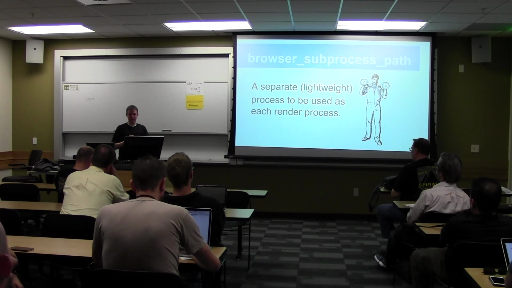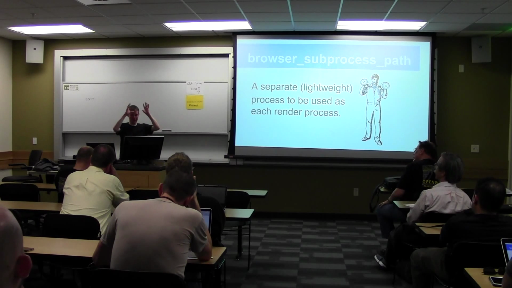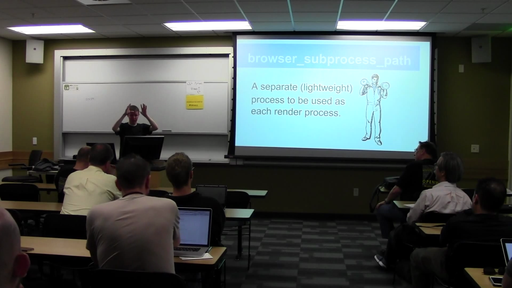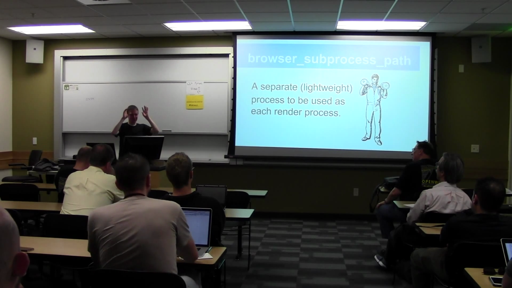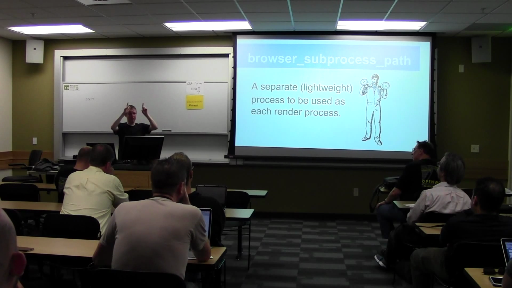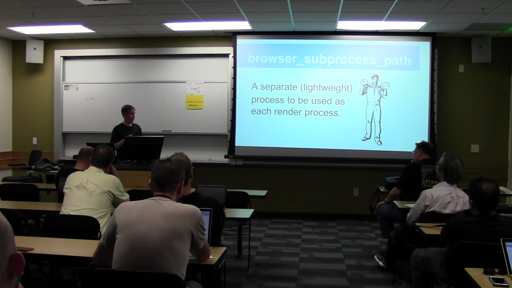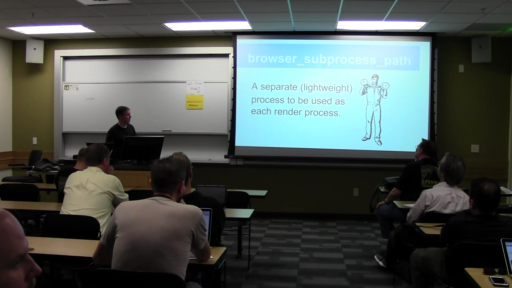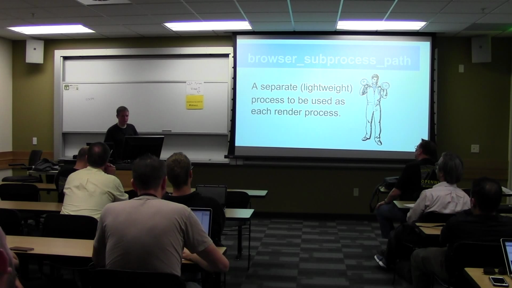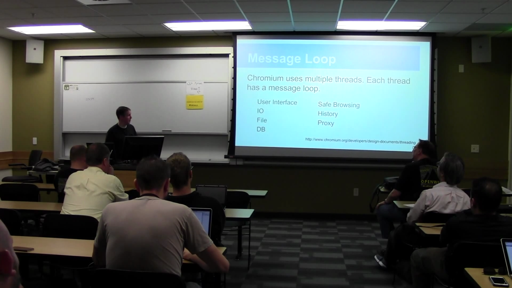And that can be bad, because if you're doing a lot in your main application, and it takes forever to start up and does stuff, then without a browser subprocess path it will start that one up instead. Does that make sense? So, undesired results. All it is is a separate lightweight process that you probably won't have to worry about. You can rename it if you don't want it to show as subprocess.exe, say as xcorporation.exe or something. It's not a big deal.